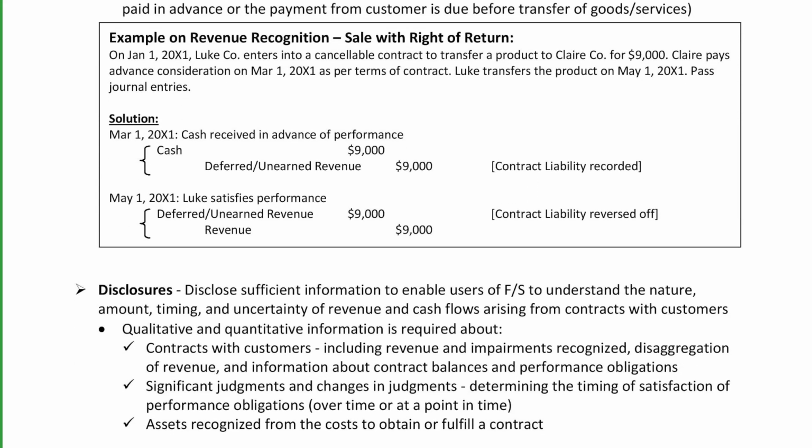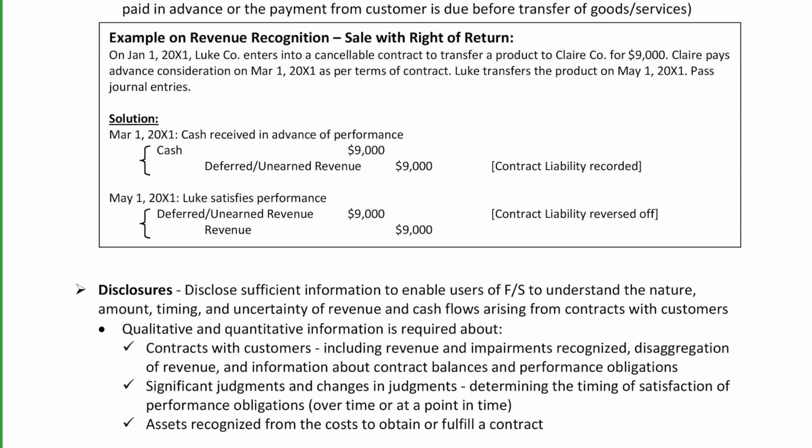Look at the example. On Jan 1st, year 1, Luke enters into a cancelable contract to transfer a product to Claire for $9,000. Claire pays advance consideration on March 1st as per the terms of the contract. Luke transfers the product on May 1st.